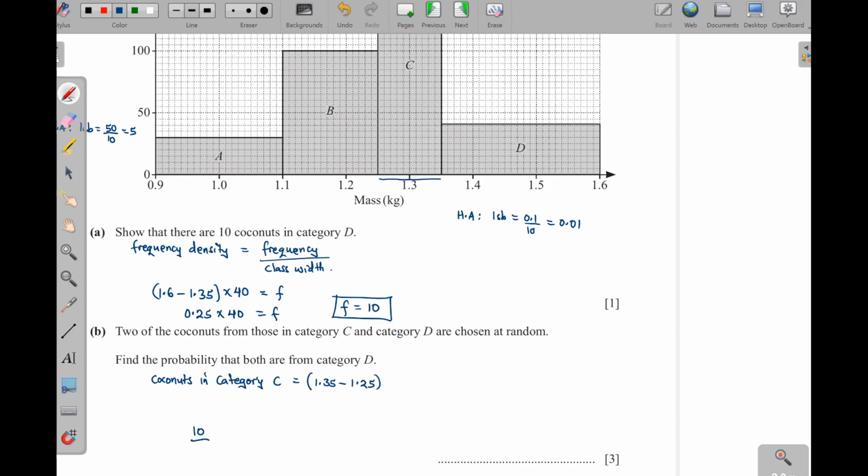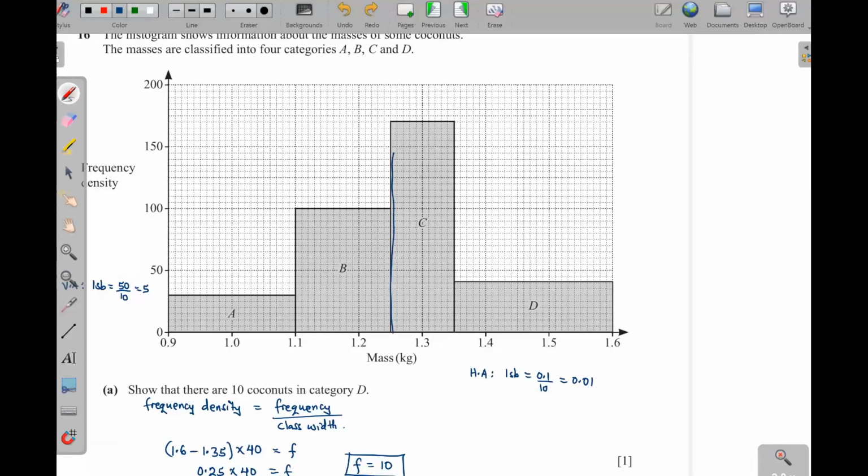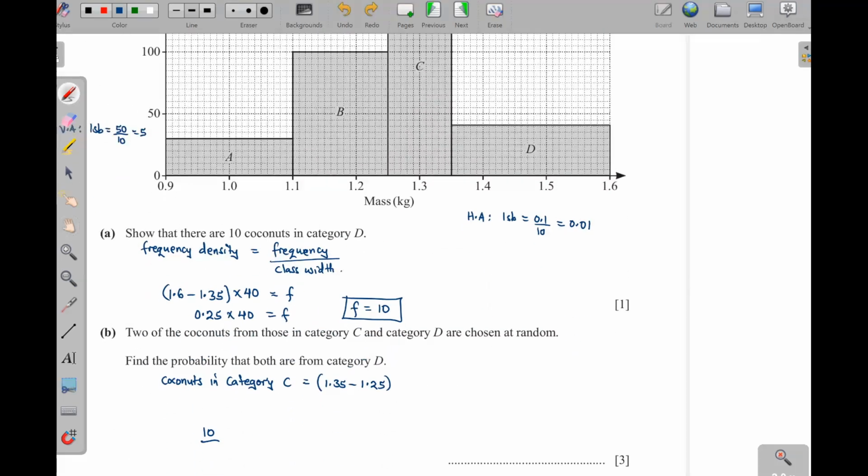I'm getting this distance here. Then we multiply by this one here. So this one corresponds to 100. Remember, each small box is equivalent to 5, and these ones are 4 here. So 55, 60, 65, 70. So that will be 170.